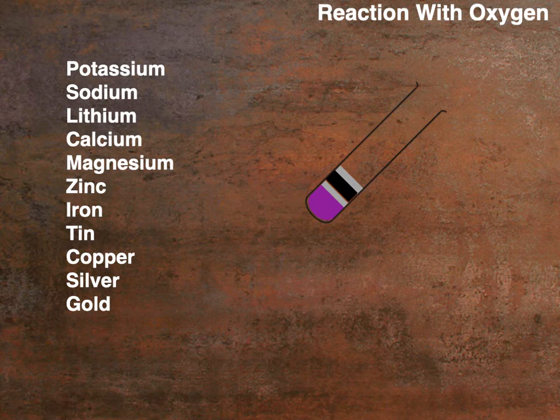Now, as you repeat that with more and more reactive metals, what you find is that the glow from the metal gets brighter. That's what tells us the metal's more reactive, a brighter glow. Until when you get to magnesium, you get a really bright light before it fades to leave you with white magnesium oxide.